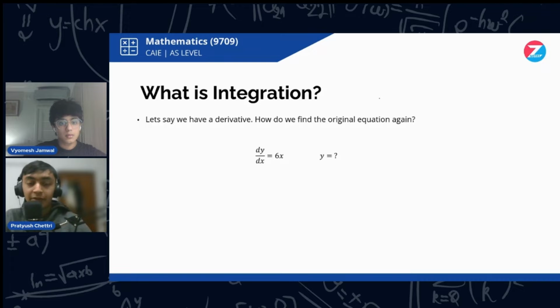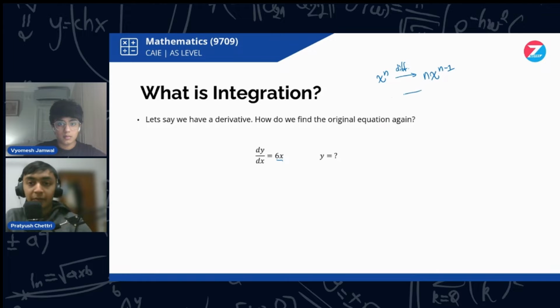Well, we know that to differentiate something in algebraic form, we multiply by the power, then decrease the power by 1. So let's say we have x to the power n. We differentiate it, we get n times x to the power n minus 1, so we decrease the power by 1.